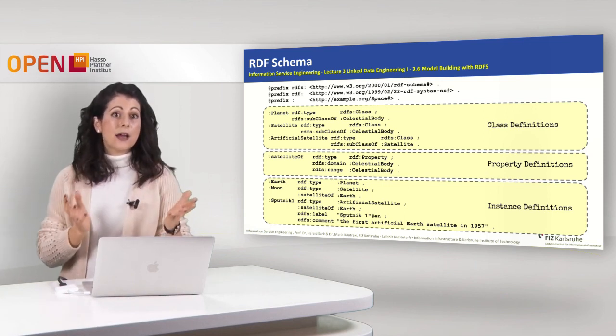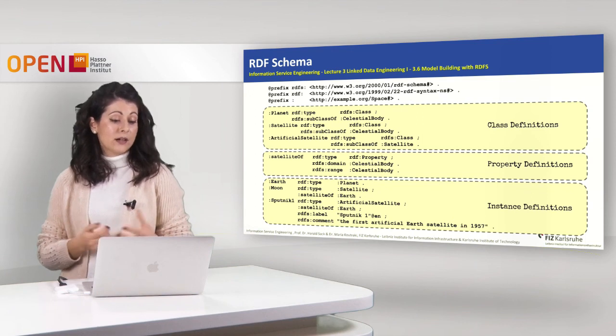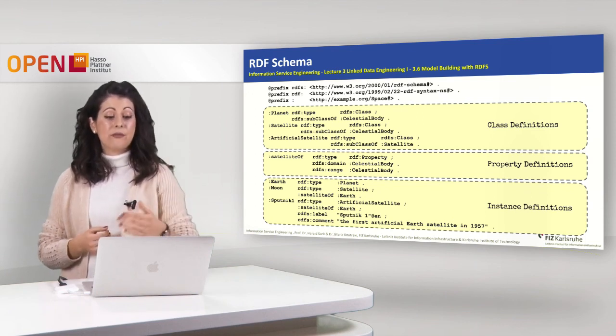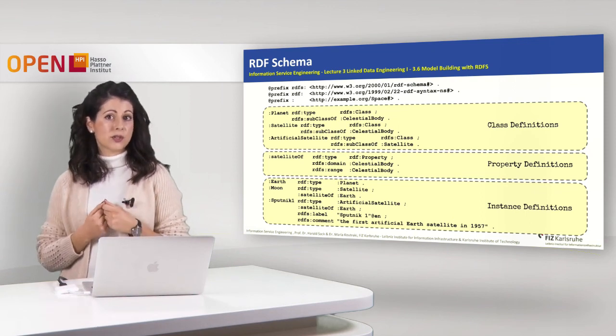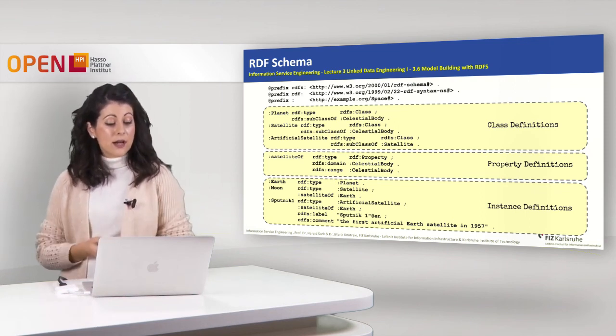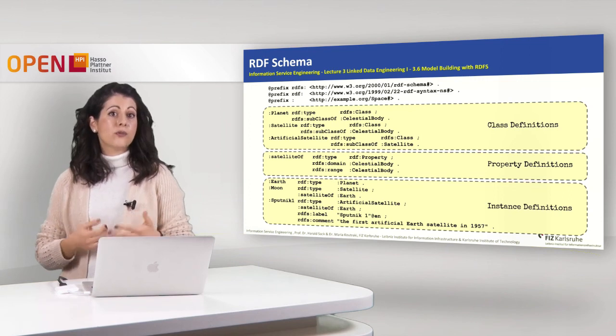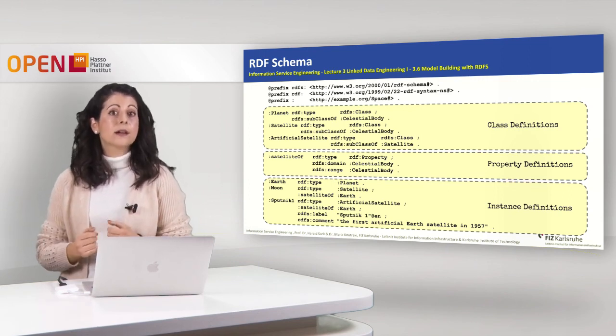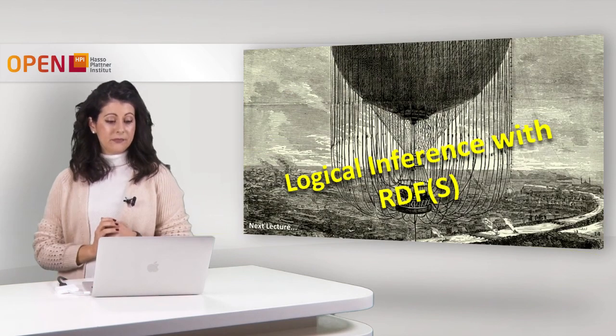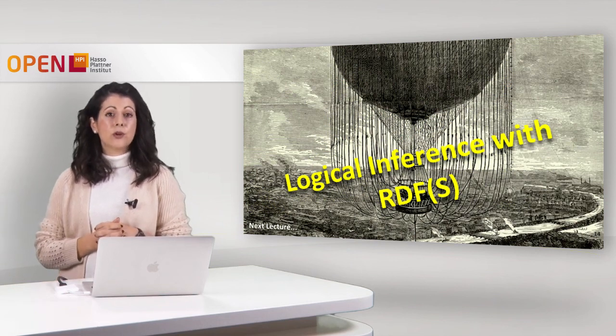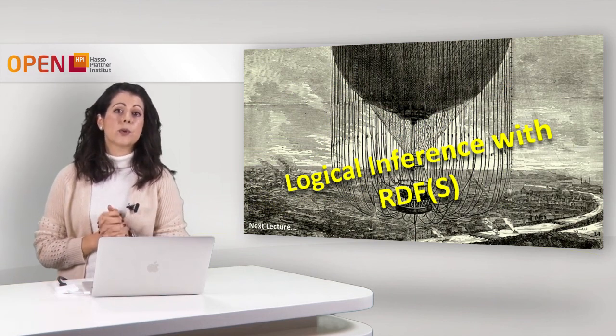So this is a full example of an RDF ontology where we have first our prefixes, we defined our classes and the hierarchical relationships among them, the property, and then instances of those classes and how they are related. In the next part of the lecture, we are going to talk about logical inference with RDFS.